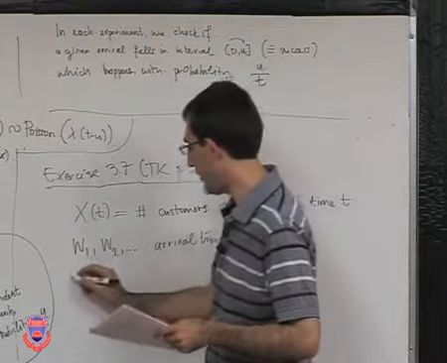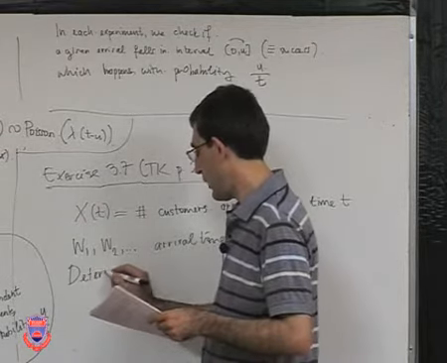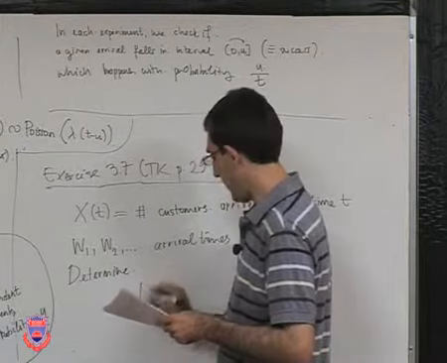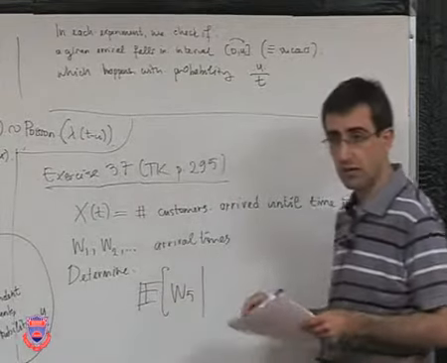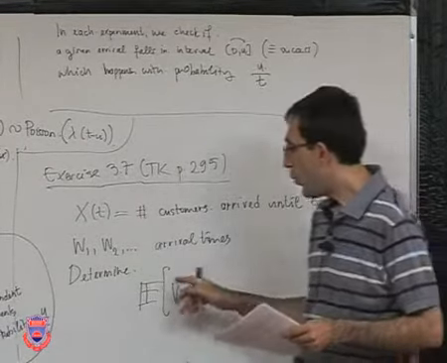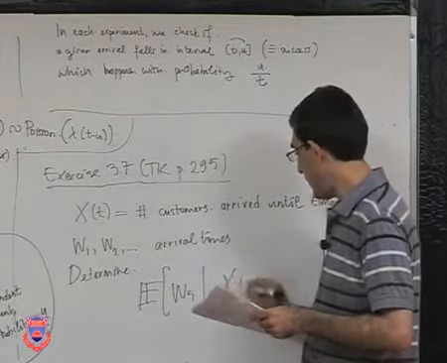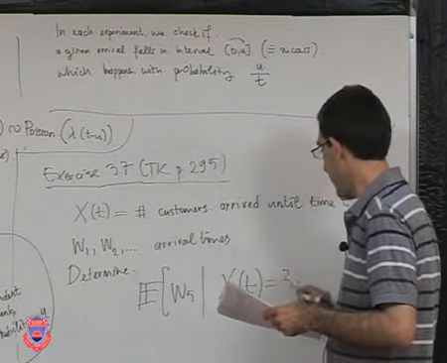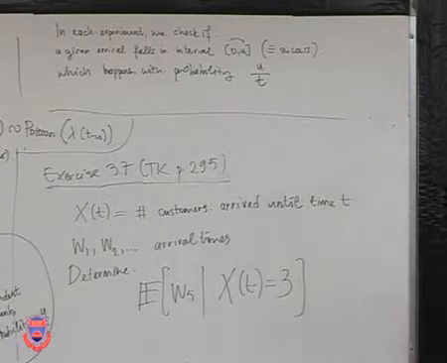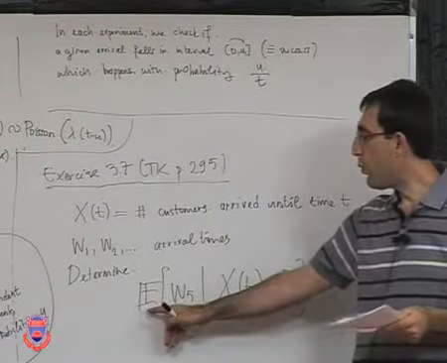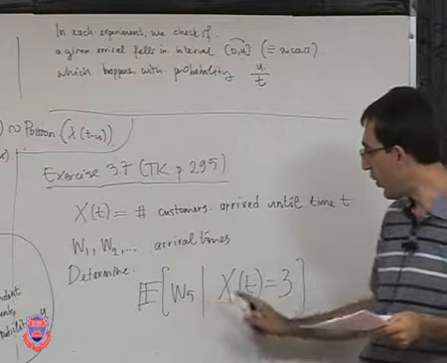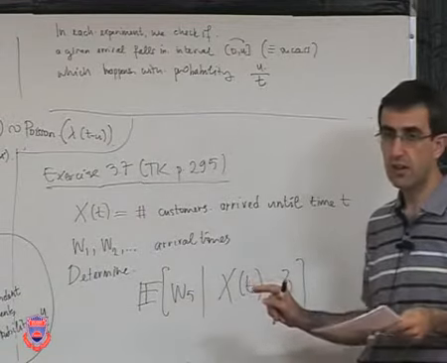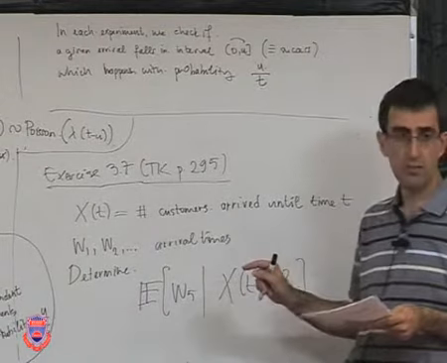And the question is what? They want us to find the conditional expectation of the time of the fifth customer, given that until time t, you already know that exactly 3 customers have arrived. So on average, when do you expect that the 5th customer is going to arrive if you already know that exactly 3 customers entered this facility until time t?